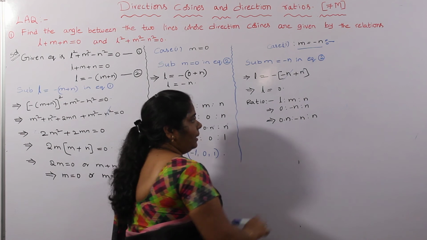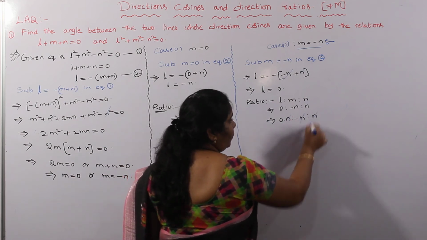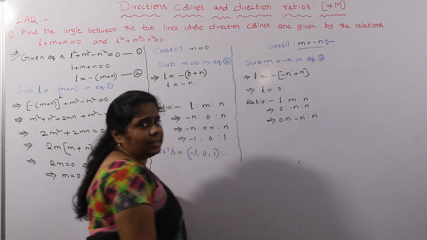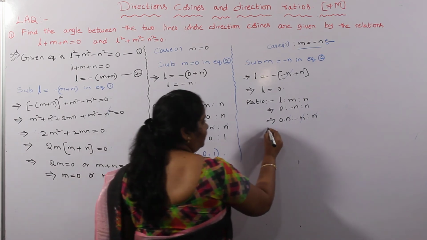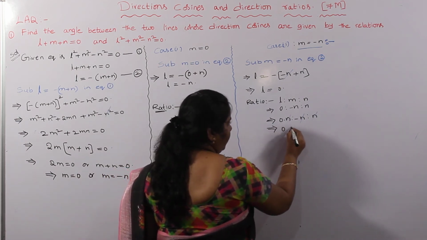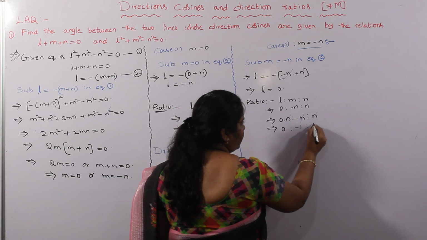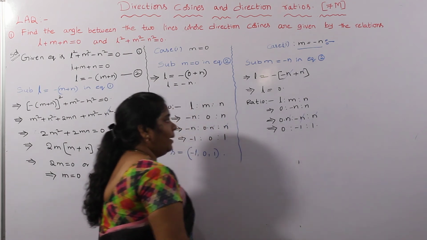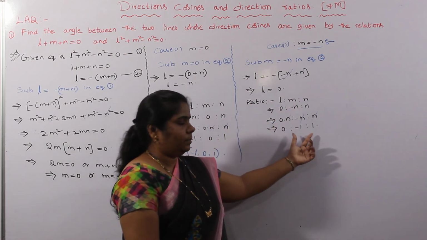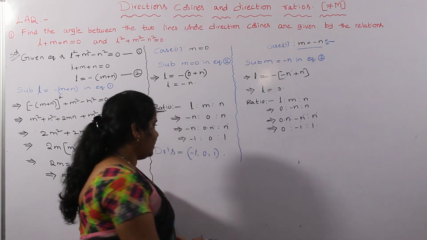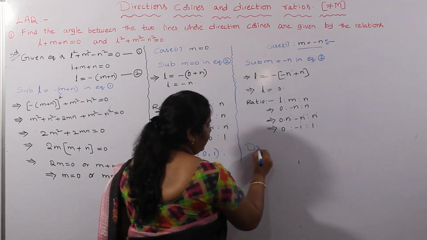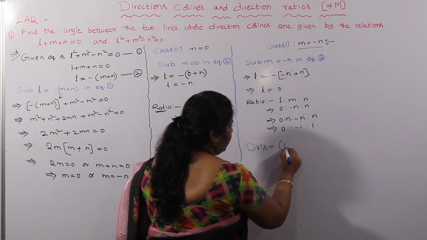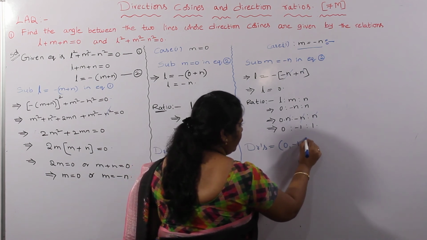Here n is cancelled. These are ratios, so we cancel. Remaining is 0 is to minus 1 is to 1. So these are the DRs. DRs is equal to 0 comma minus 1 comma 1.